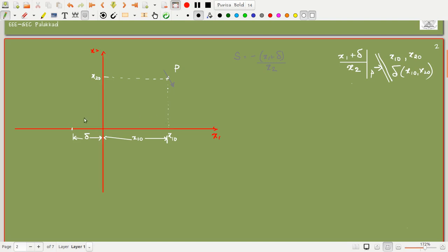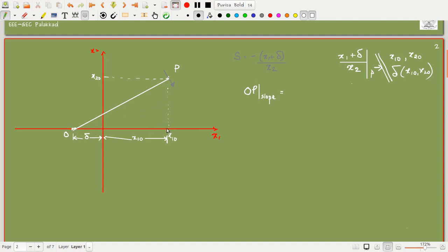So if I draw a line from this point O to P, what would be the slope of this line OP? It is dx2 by dx1.